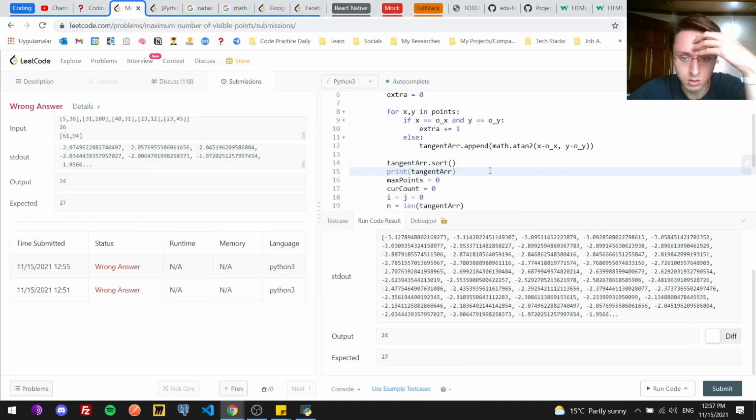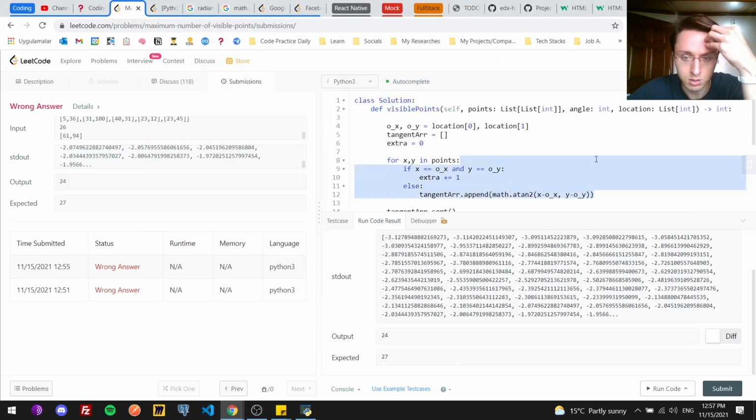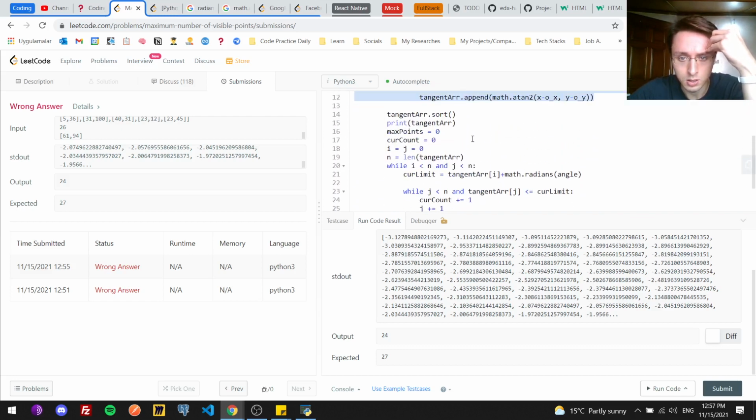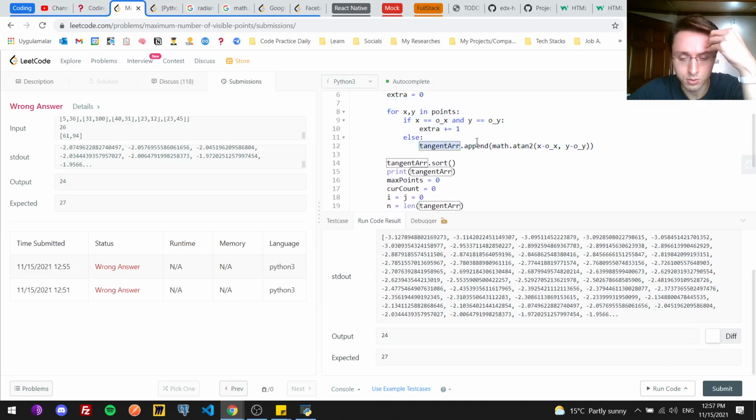By the way, let's think about complexity. So this is of n, number of points, and then we also have of p. Let's call it p of p. So because of this, it is of n log n time, right?